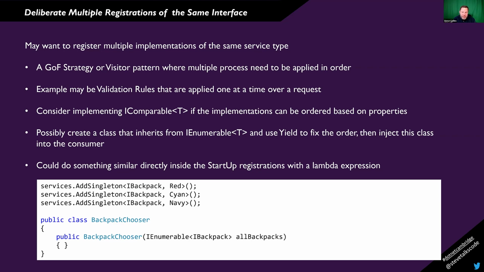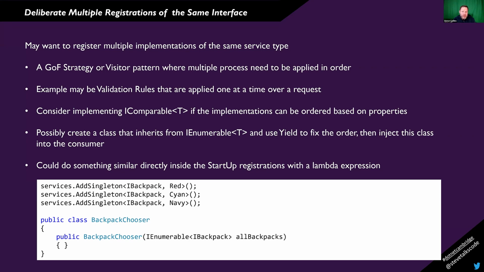If the order of the enumerable is important, there needs to be a way of differentiating the different instances. Without that, the consumer will have to rely on the order that the registrations were performed in, back in ConfigureServices or in extension methods that get called. There's lots of ways of handling that. One is to create a comparer that implements the IComparable interface for your service type.